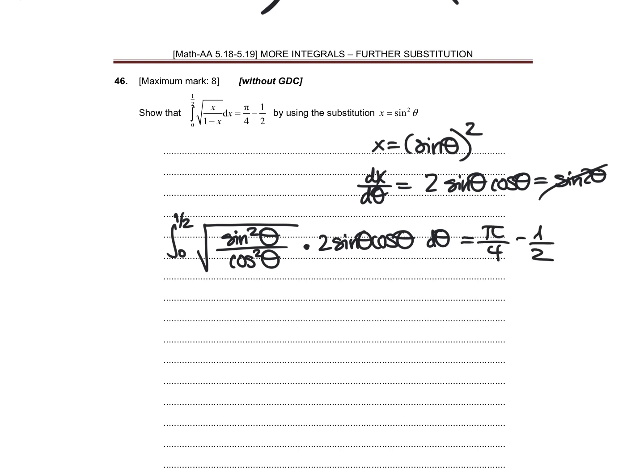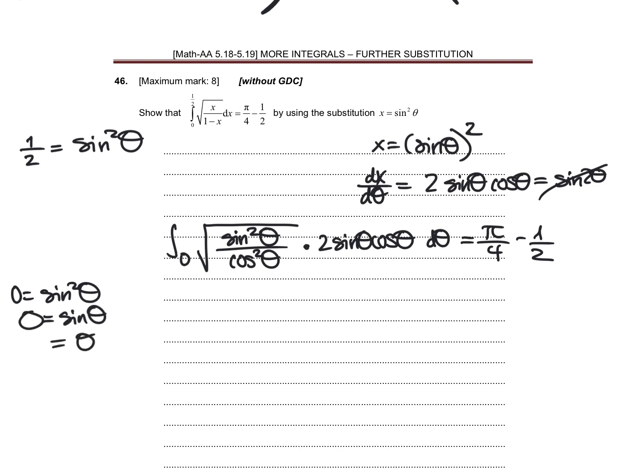Okay, so again, we need to change our limits. So 1/2 is going to be sine squared theta. So I'm going to erase this. And 0, I'll put that here, 0 is sine squared theta. So sine theta 0, well, that's just 0. Theta 0 here.